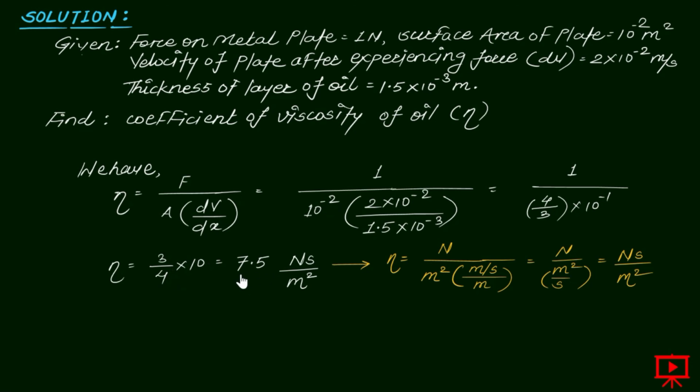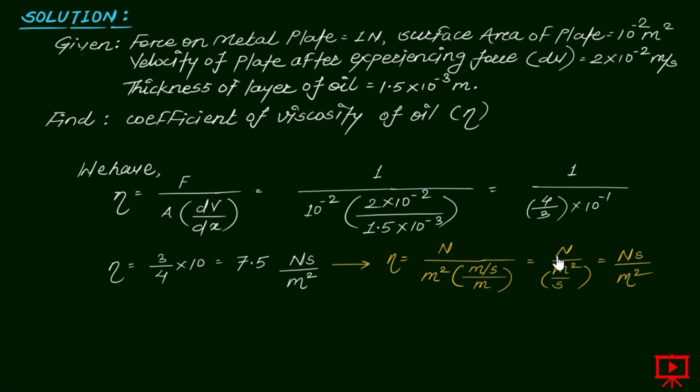So 3 by 4 is 0.75 into 10, that is 7.5, and the unit of eta, that is the coefficient of viscosity of oil, is Newton second per meter square. How this comes is given here: eta is in Newton upon meter square into meter by second upon meter, and this meter gets cancelled.